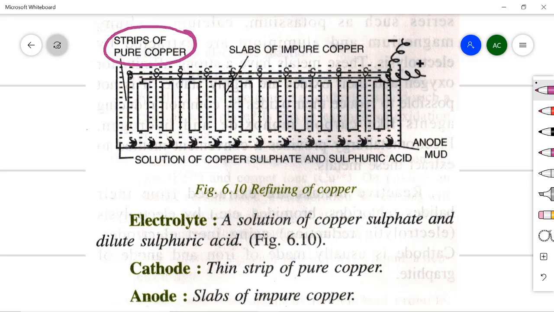Pure copper is here and then impure slabs are here. So these are all impure slabs, you can see here, and pure one is here. Later on when this reaction finishes, you will see that the pure copper will gain mass and become broader, and impure copper will become thinner.